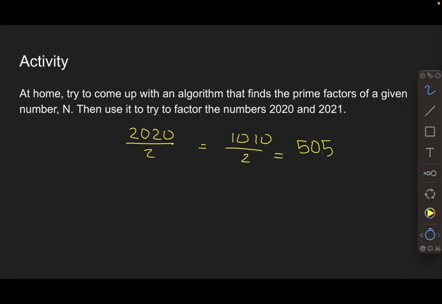Then I try the next prime number I know, which is 3. Does 3 divide it? No, that doesn't work. Okay, I'll try 5. 5 does divide it, and then I get 101. So you can just step through the primes and get each of these numbers. And I know 101's prime, so I'm good. Now I have my prime factorization: 2 times 2 times 5 times 101.